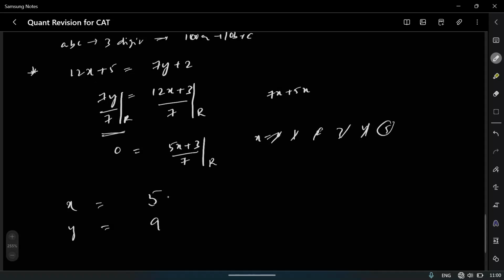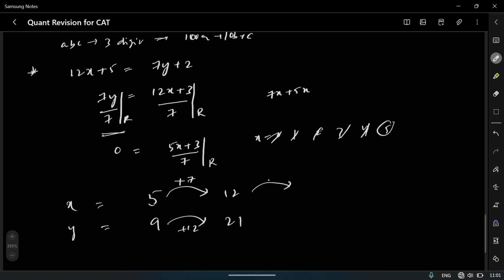So what will be the next value at which we find a solution? For that, for x we have to add the coefficient of y, which is 7, and for y we have to add the coefficient of x, which is 12. So x is 12 and y is 21. You can cross check: when we put x equals 12 in this equation, we get y equals 21.